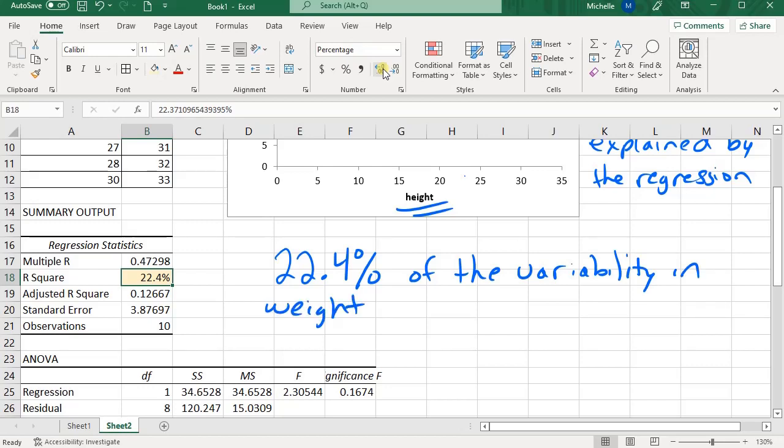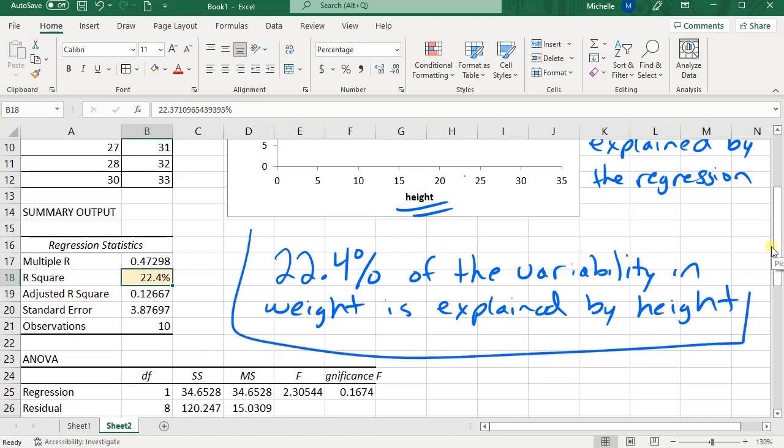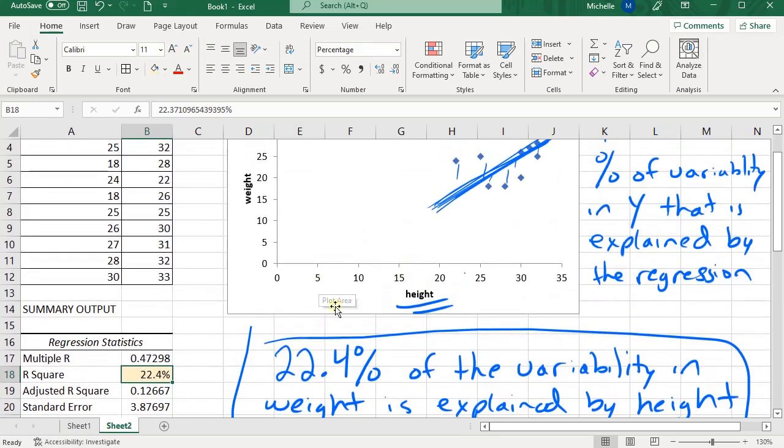So the variability in weight that I want to be explaining. So 22.4% of the variability in weight is explained by height. That is how we interpret that R squared value.